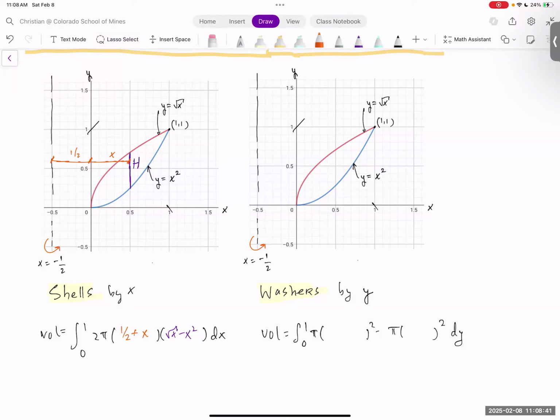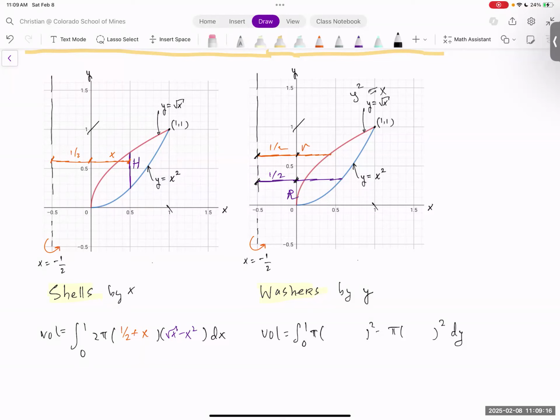Then lastly, for the washers, an inner radius out to the first curve, for this left curve, and then a bigger radius. In both cases, this is 1/2. This distance is 1/2 from the axis of rotation to the y-axis, and then you have these other distances. In the little r case, this is a horizontal x distance, but it goes to the red curve, and that red curve is represented as x equals y squared.